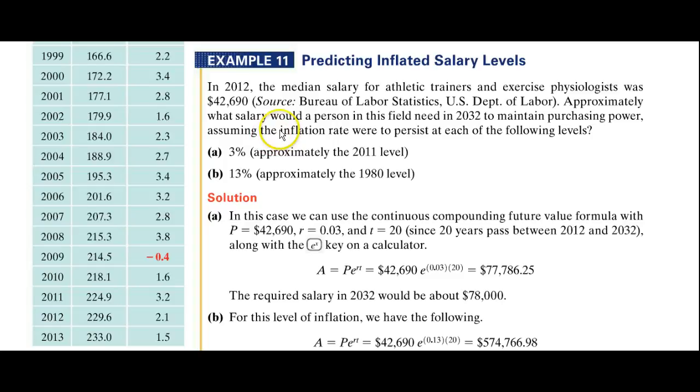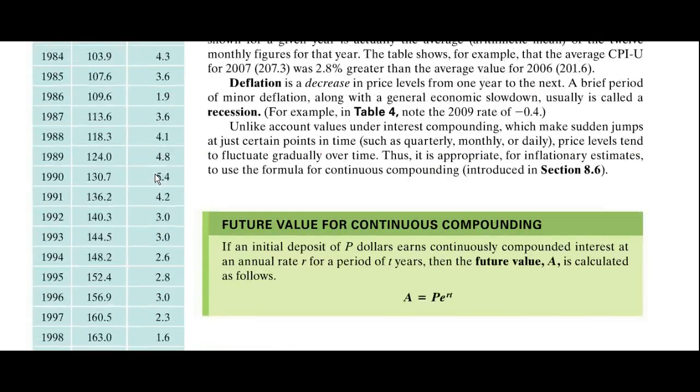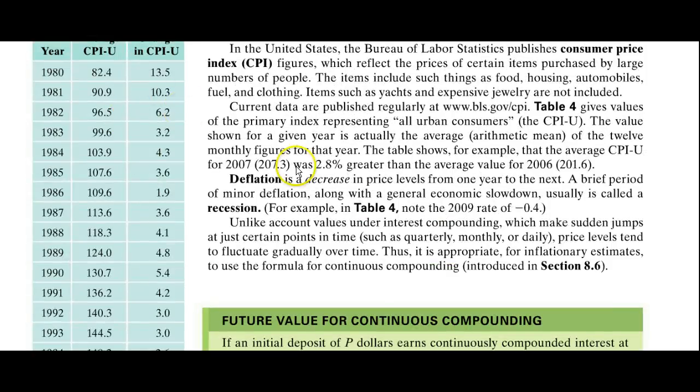Approximately what salary would a person in the field need in 2032 to maintain purchasing power, assuming the inflation rate were to persist at each of the following levels? So here we have the 2011 level as 3.2 and the 1980 level, going back here, was 13.5%.